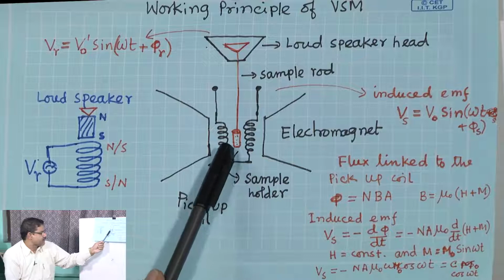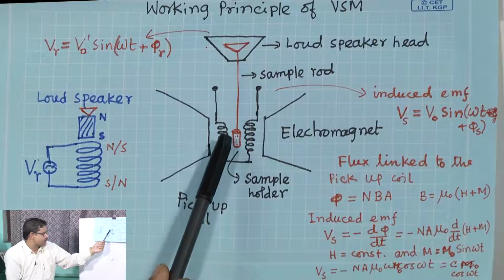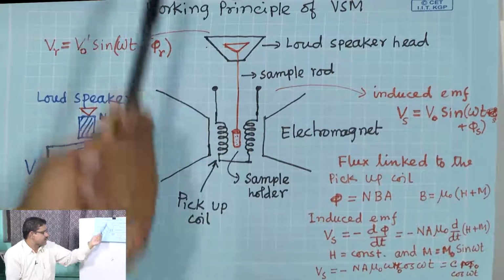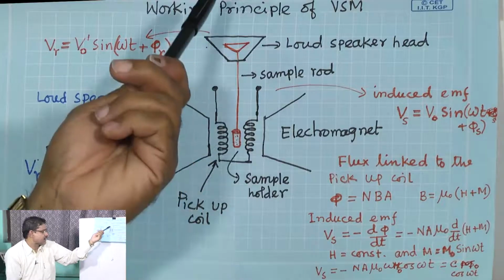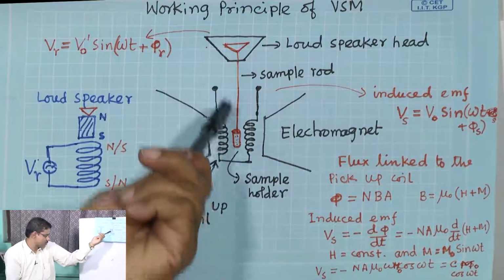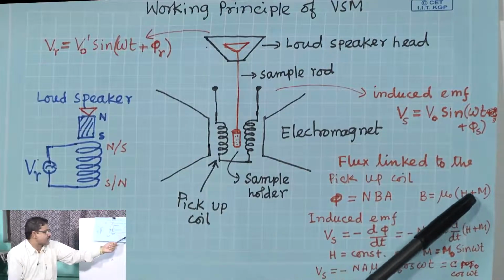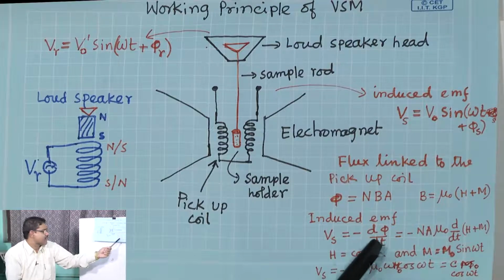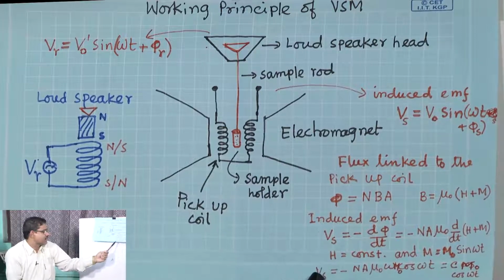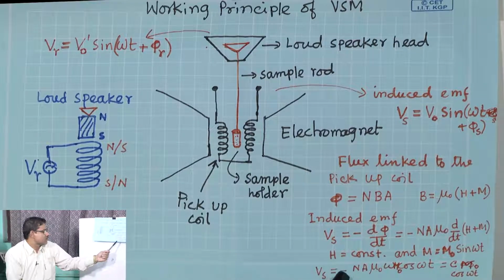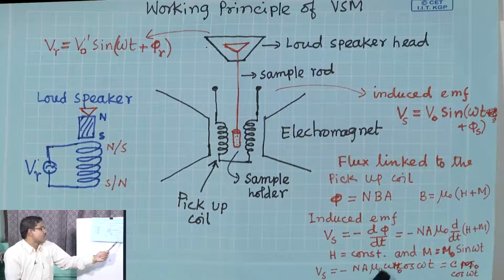Only the flux coming from the magnetization will change with time, because the sample we are taking out and putting in, taking out, putting in. So only the flux coming from the magnetization will change with time.